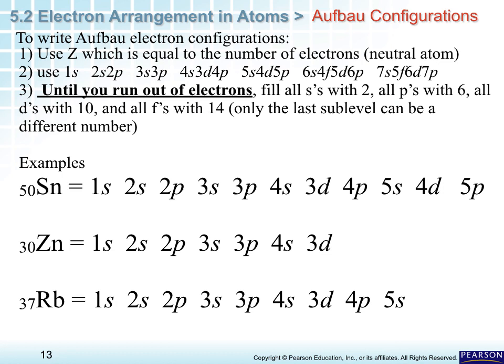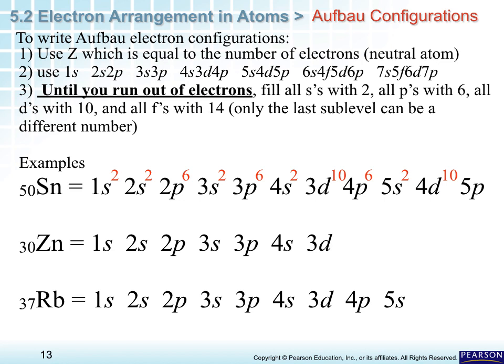And for every one of them, the s's get 2. The p's get 6. The d gets 10. And I stop at 4d because the only one that can be different than those is the last one.